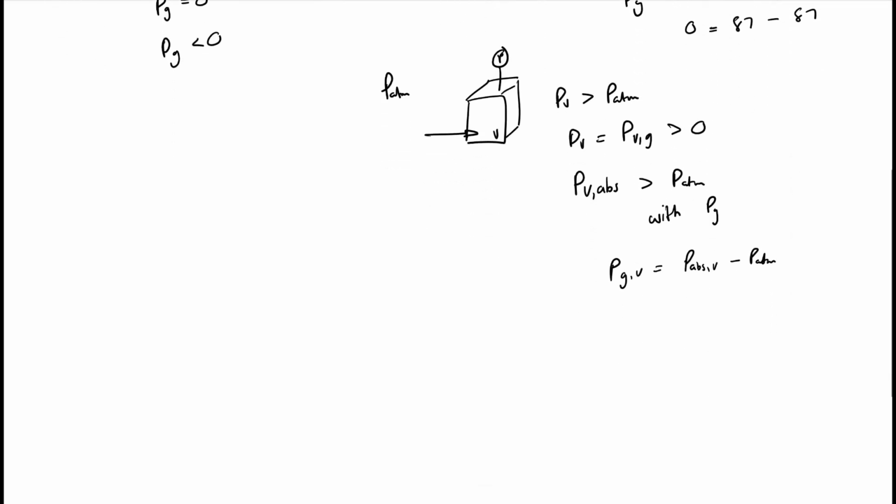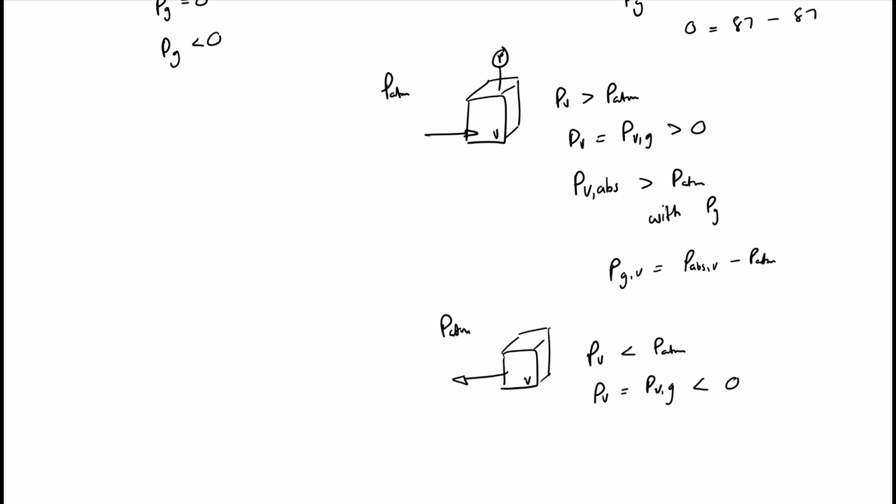We could also take the exact same system and now take some gas out of it. Suddenly, the pressure in this volume will be less than the atmospheric pressure. So the gauge pressure in this volume must now be smaller than 0. Because we've taken some gas out.